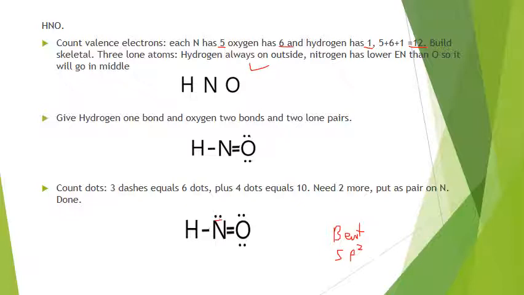If it were like water, it has 2 lone pairs and it's bent, but it has 4 attachments, and so it's sp3. This only has 3 attached: 1, 2, 3.